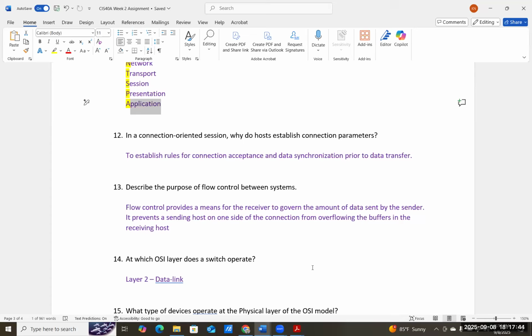We might have loss of data or missing data, right? So ultimately, we have to find a way to govern or regulate the amount of data that can be sent between the systems, so that we don't have what's called buffer overflow. If you think about this, all computing systems have RAM, regardless of the system. A switch has RAM.